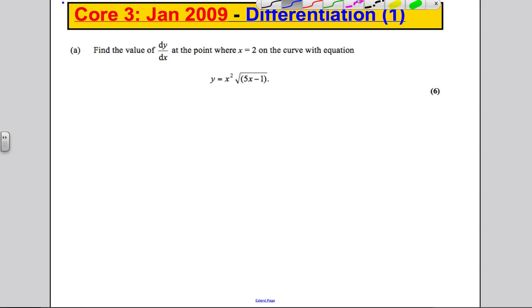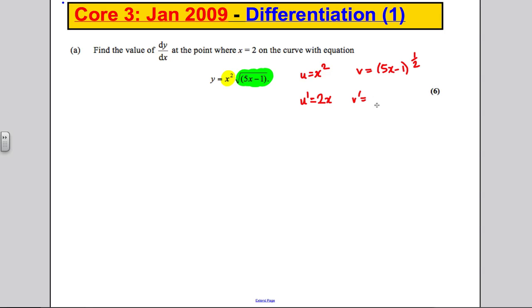So, hopefully again you're spotting it's of the form u times v, and your u is x squared, so your u dash will be 2x, and your v here you can't differentiate until it's in exponent form, would be 5x subtract 1 to the half. So v dash, bring down the half, multiplied by the differential of the brackets 5, and reduce the power of 5x minus 1 by 1.